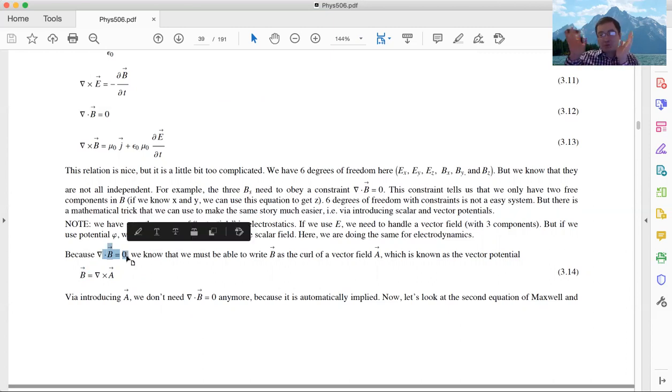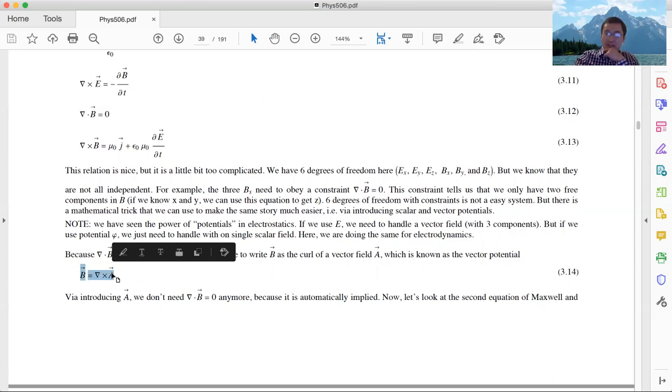But usually we assume the space is simple, and if it's simple enough, this is always true. There are exceptions: if our space has some special properties, this will not be true. But for the simple space, we assume that for any magnetic field, we can write it as the curl of a vector potential. That's the definition of the vector potential.